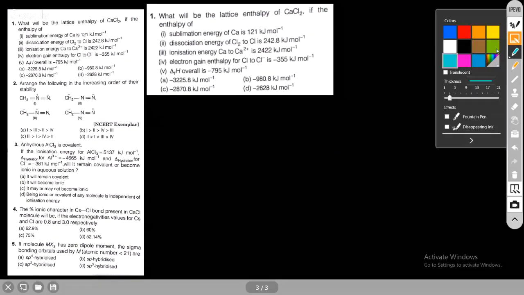See, the enthalpy of formation of CaCl2 requires what?